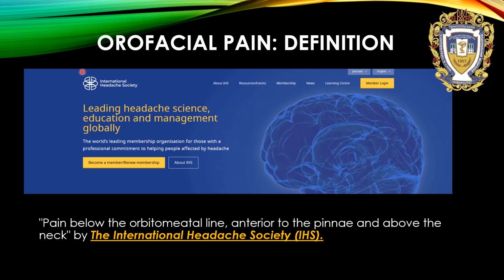But according to the International Headache Society, orofacial pain is defined as pain below the orbitomeatal line, anterior to the pinnae and above the neck.